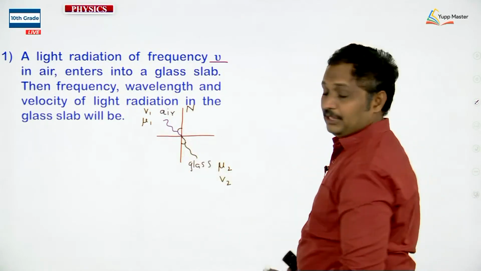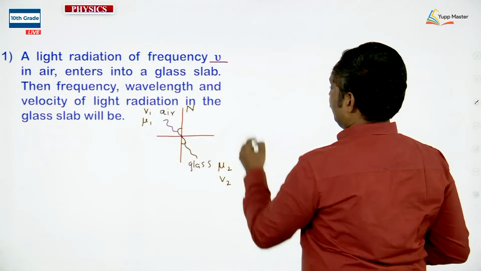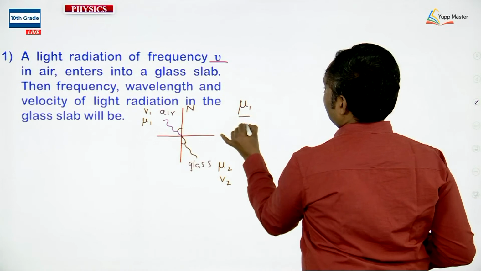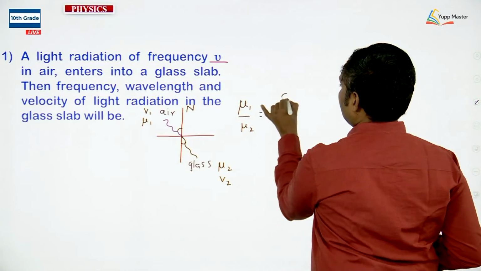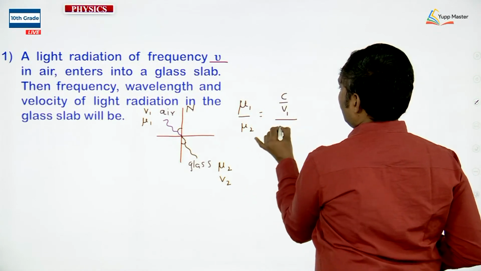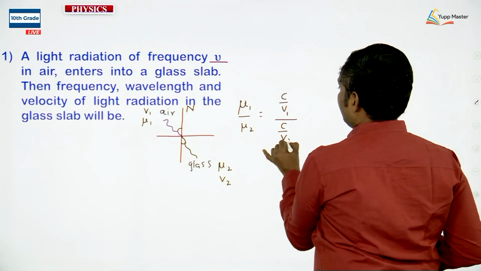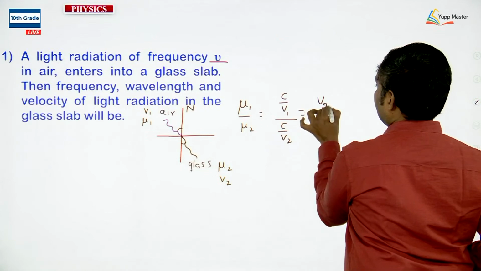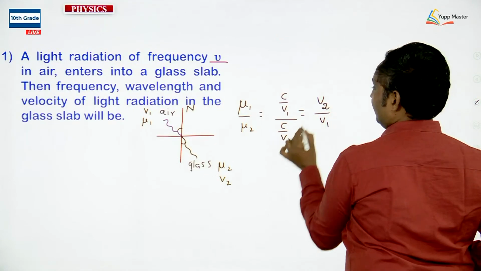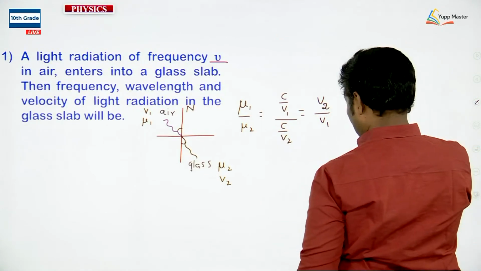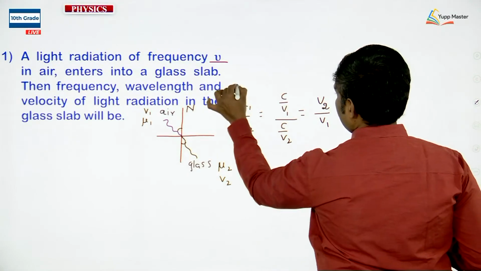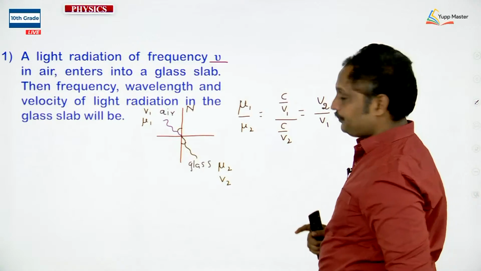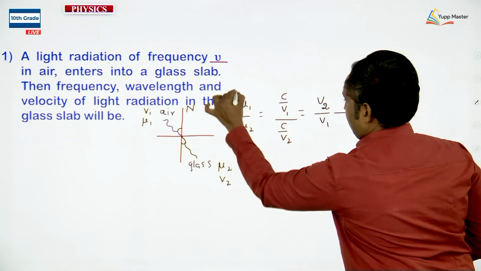Now can we take the ratio: mu 1 by mu 2 is equal to C by V1 whole upon C by V2. It is very clear. This is V2 by V1. This is the first equation, let us assume.